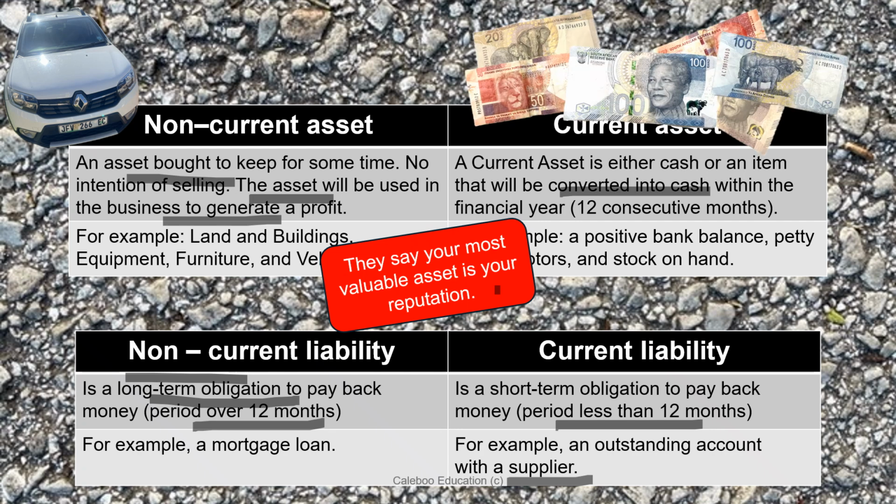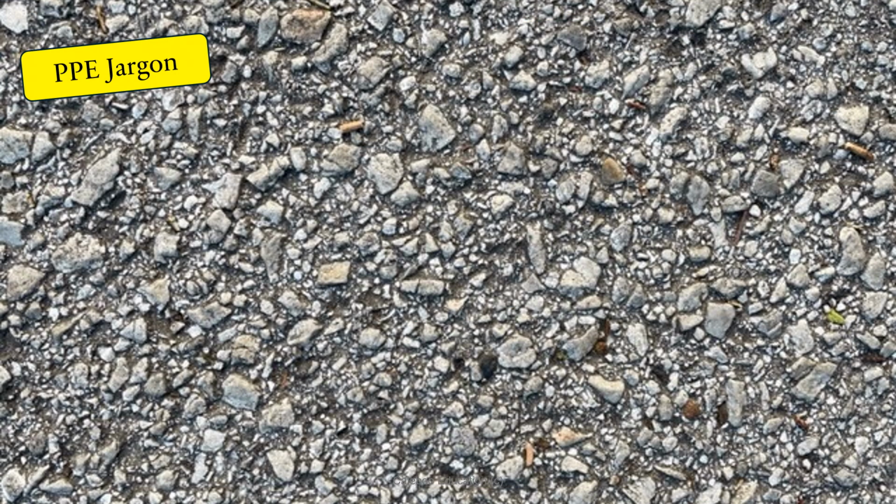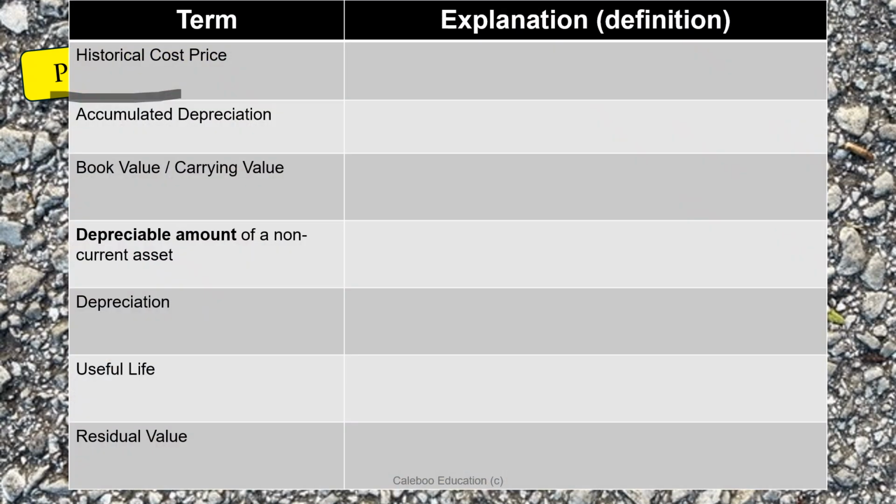And there's your cash and the vehicle, which is a non-current asset. Just some property, plant and equipment jargon or terminology. We're going to be working with this. What is the historical cost price?